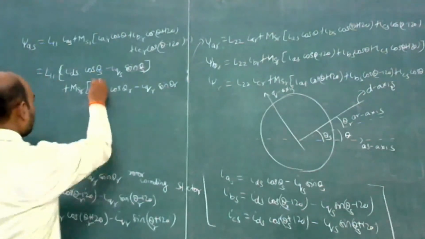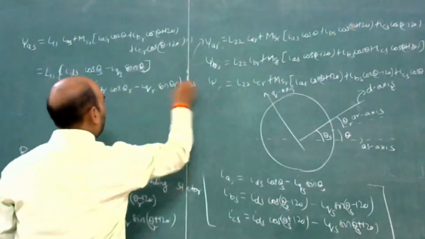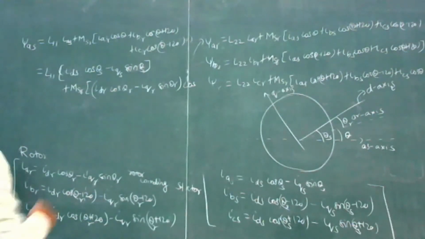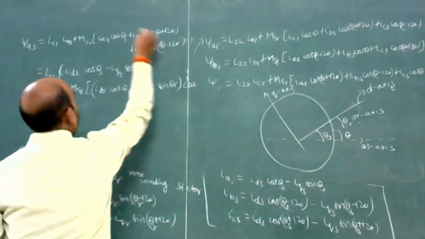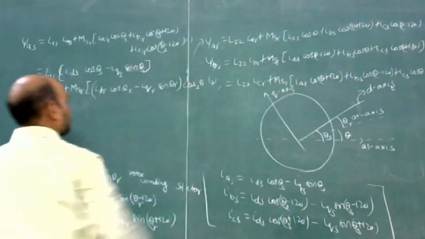Okay. So this is the value of IAR multiplied by cos theta s for the stator.